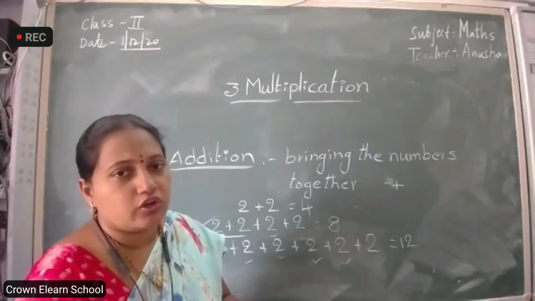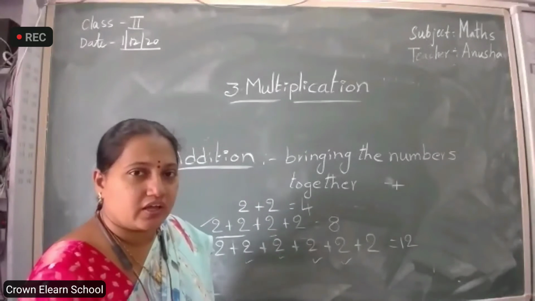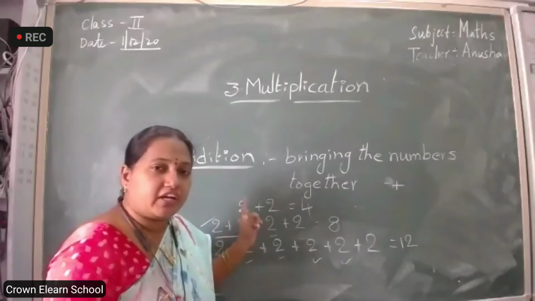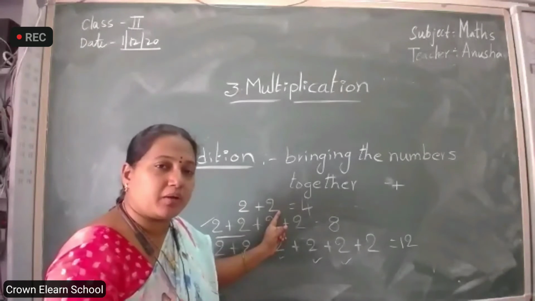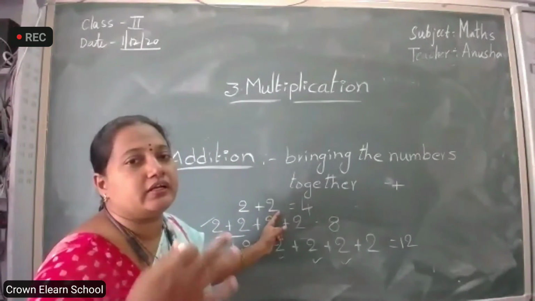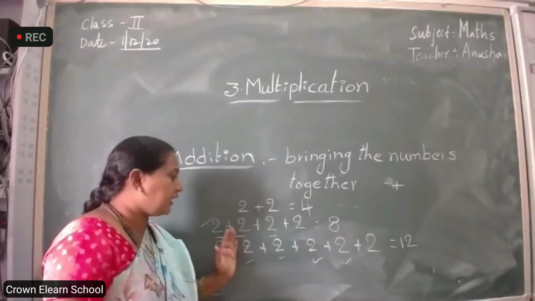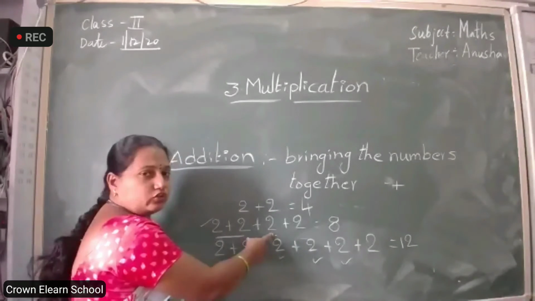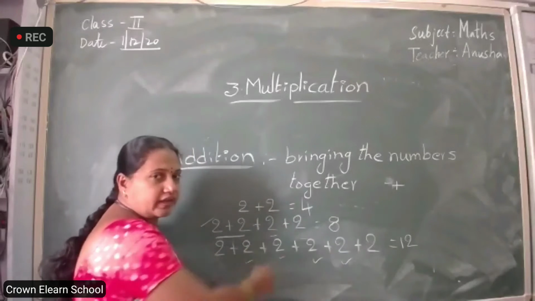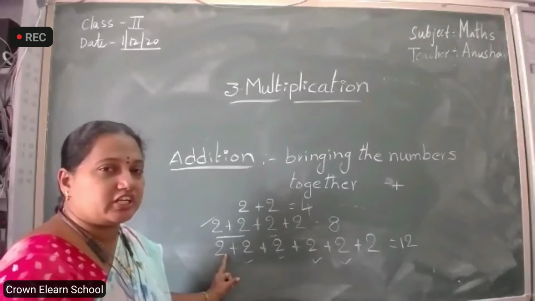Same 2 you are adding repeatedly. Am I correct? Yes? So, every time what you are doing? You are adding the same number repeatedly. Again and again, you are adding 2 plus 2. Again you are adding 2. Again you are adding 2.